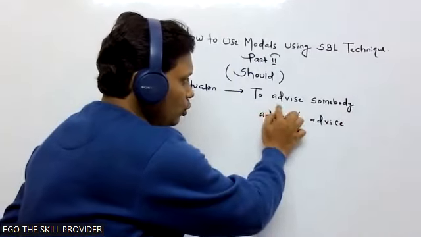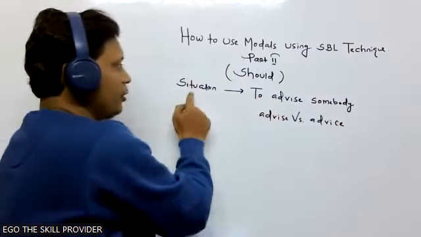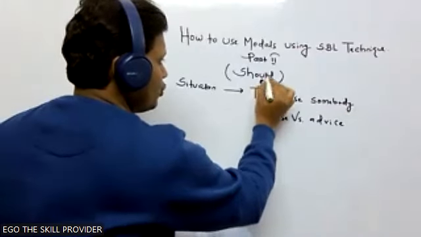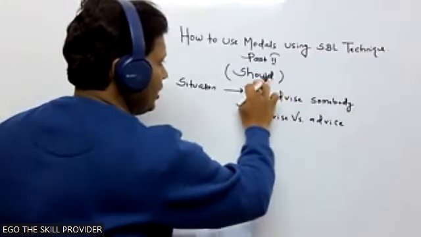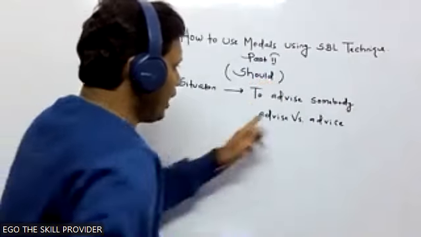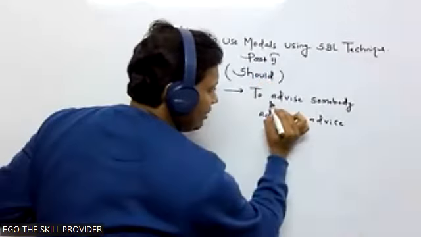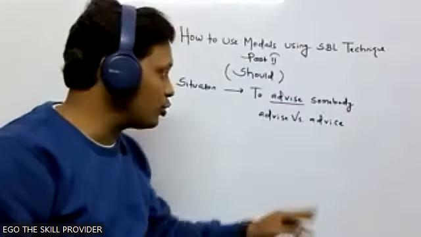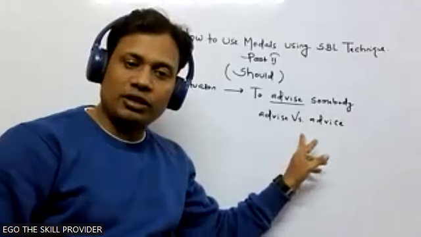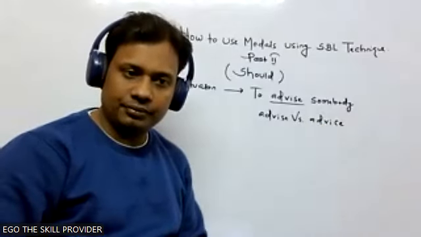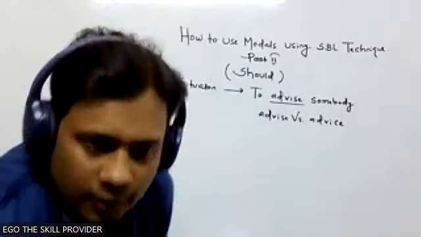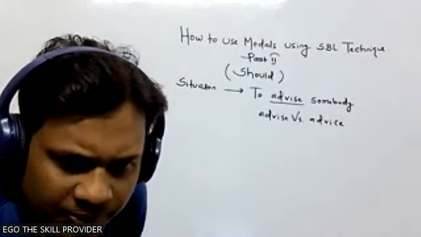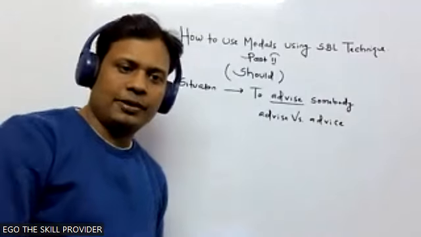To advise somebody, you have to use should. Whenever you want to advise somebody, you use should. I have written it ADVISE, but sometimes you are also learning ADVICE. So what's the difference? Sonali, Pritismita, Harshita, Anushka, everybody, Vijayalakshmi, Tamanna.